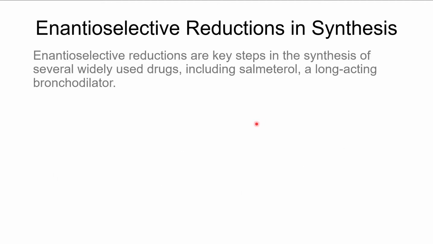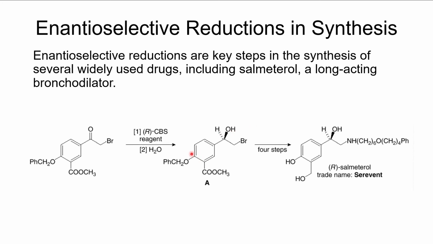All right, here is a synthesis example. And I like this example because it shows something important here. First of all, it shows the synthesis of a very useful drug, or at least part of the synthesis, where we use an enantioselective reducing agent. Since this is the R reagent, the hydride is going to come in from the back side and create this.